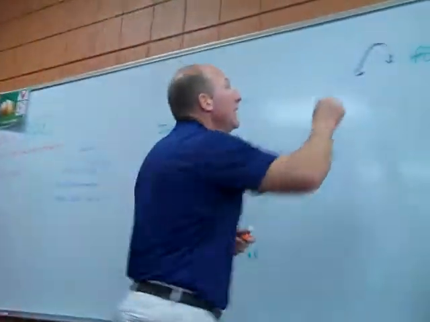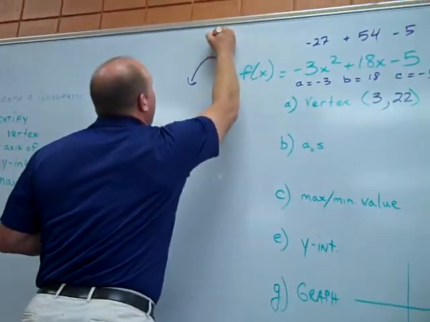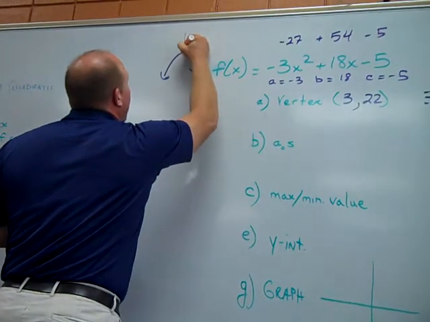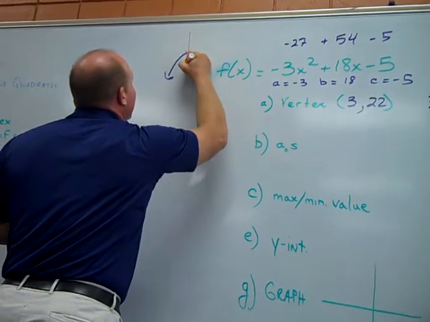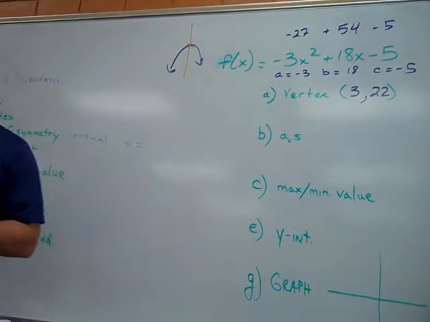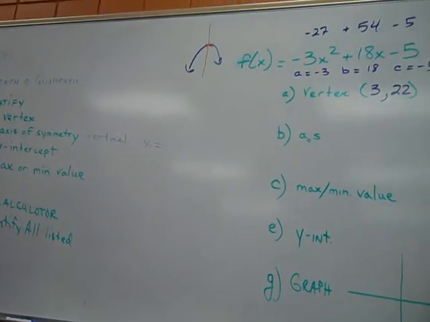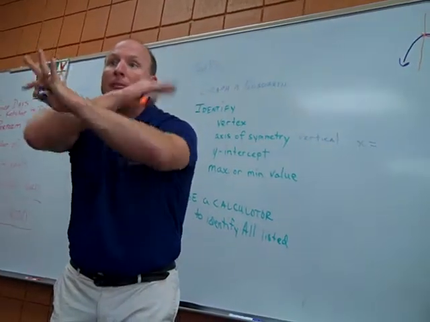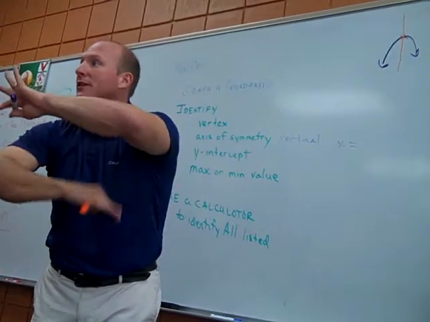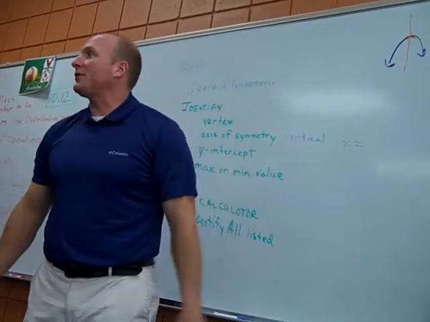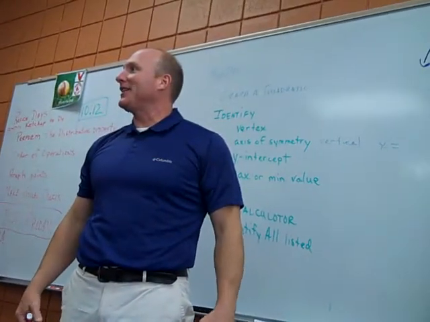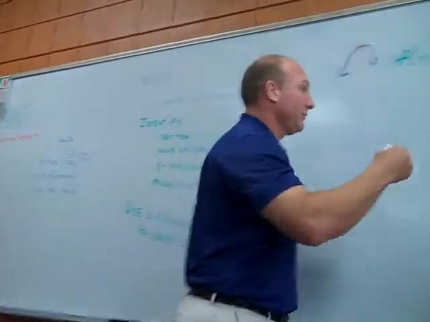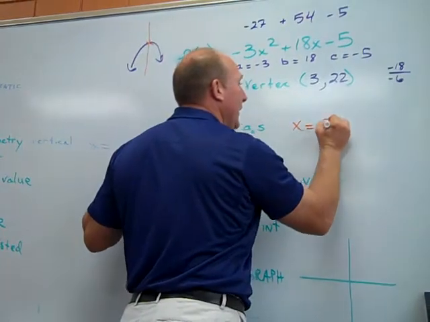Okay? Good. So my axis of symmetry, does it go through my vertex? Yes, it does. What did we say the axis of symmetry was? X equals. What does X equal in my vertex? So guess what my axis of symmetry is? X equals 3.